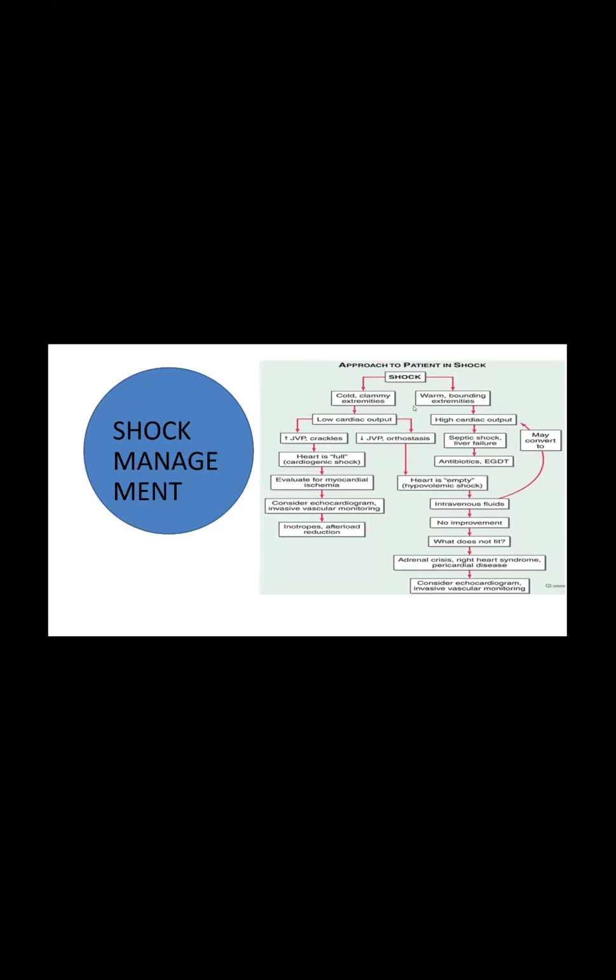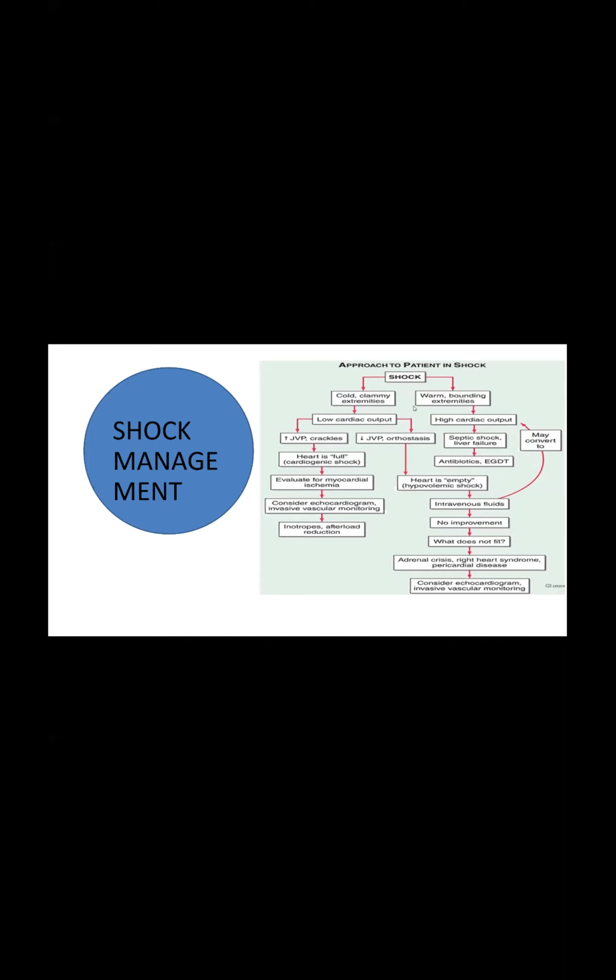In case of cardiogenic shock, we have to assess and treat with an inotropic agent, and do echocardiography for myocardial ischemia. Low cardiac output with cold periphery suggests cardiogenic shock. Warm periphery is either neurogenic or septic.